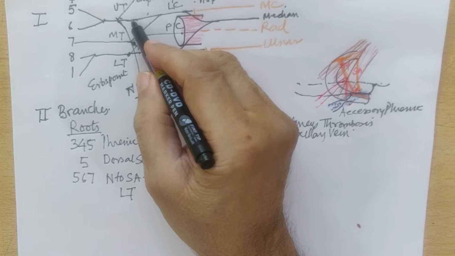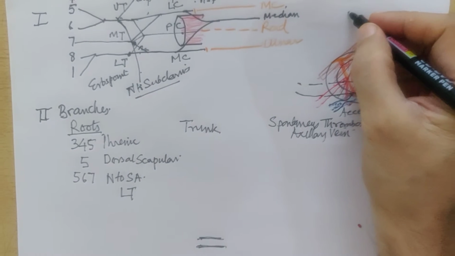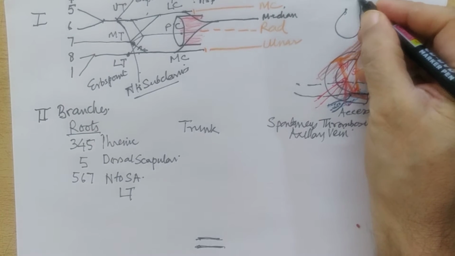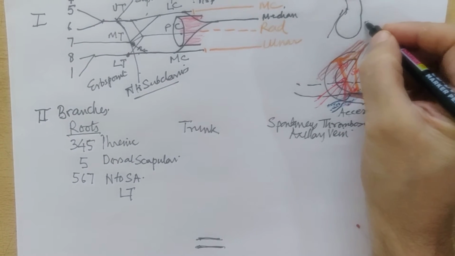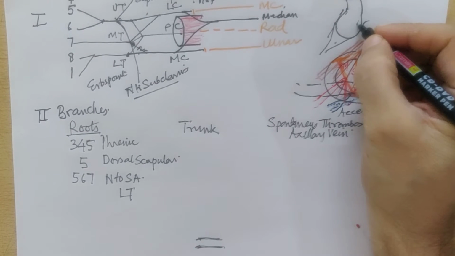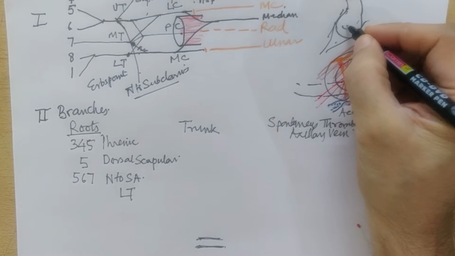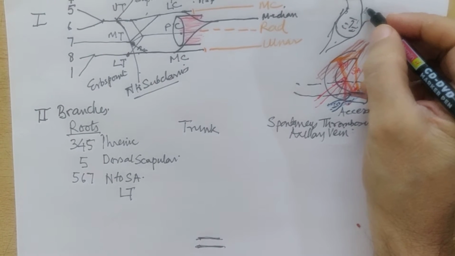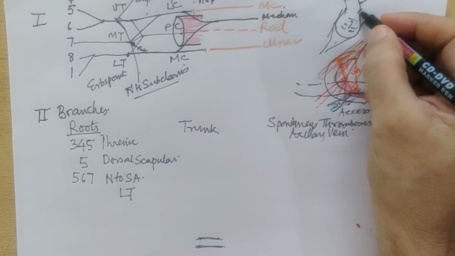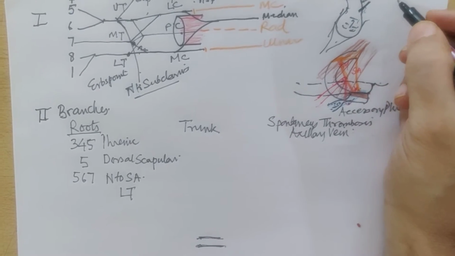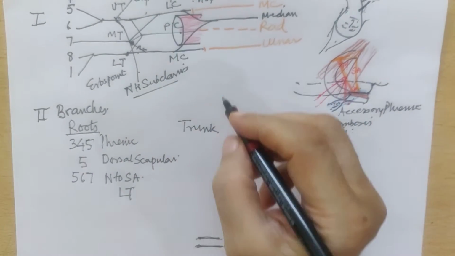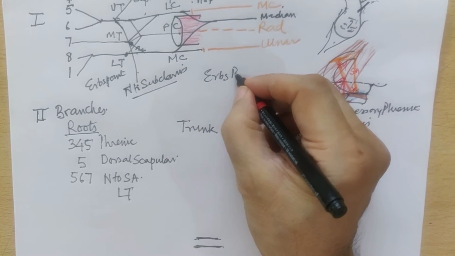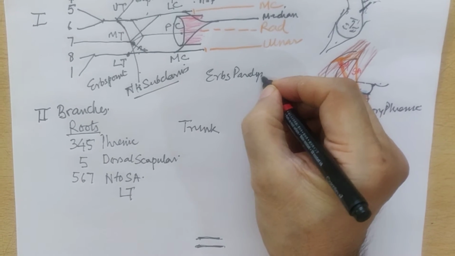Then, since this is the upper trunk, when the head of the baby is being pulled by the forceps in forceps delivery, the upper trunk is stretched here and leads to a paralysis which is called Erb's paralysis.